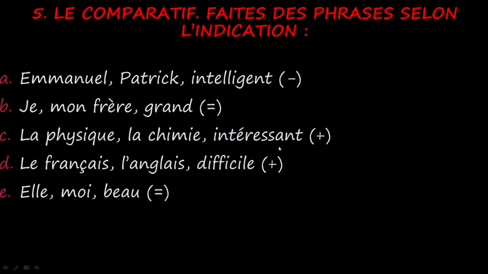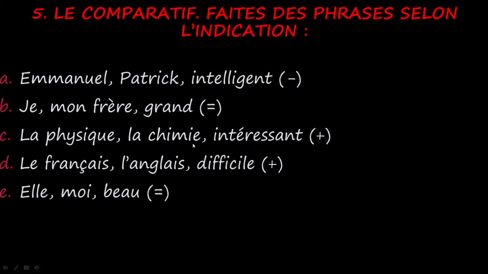Intéressant means interesting. So here, again, we use the verb être, la physique est plus intéressante que la chimie. So please use la physique est plus intéressante que la chimie.